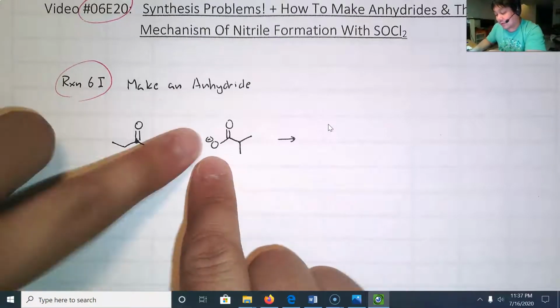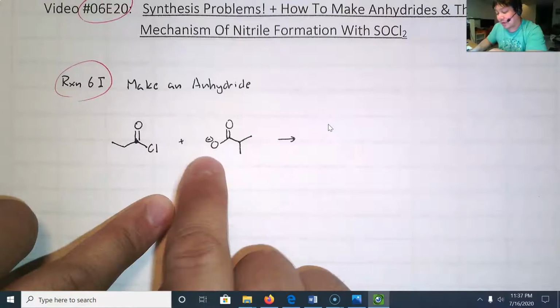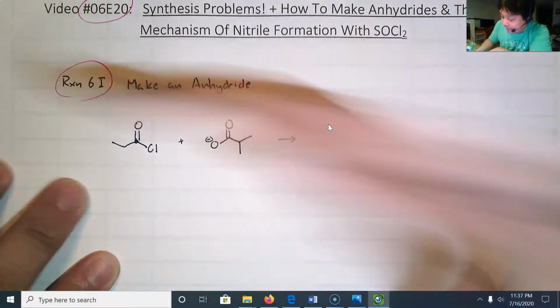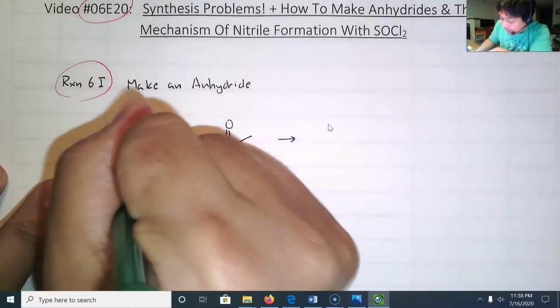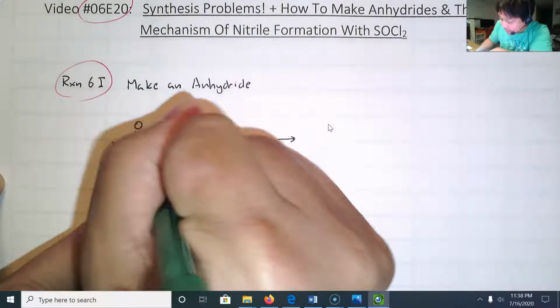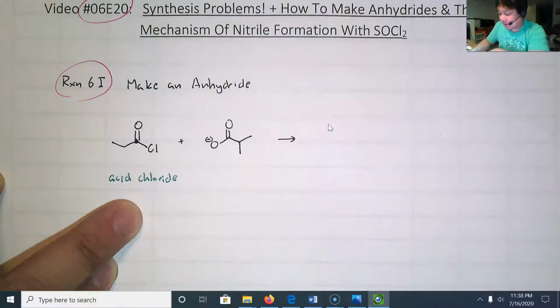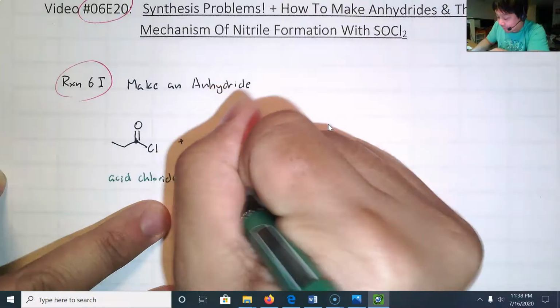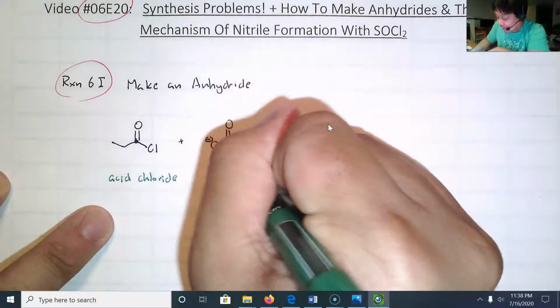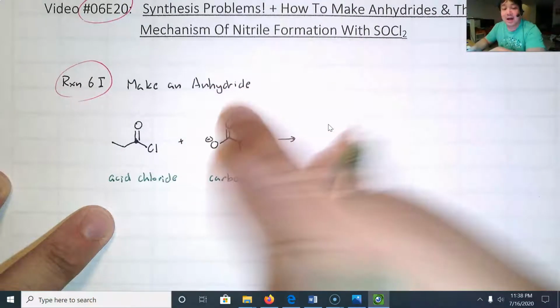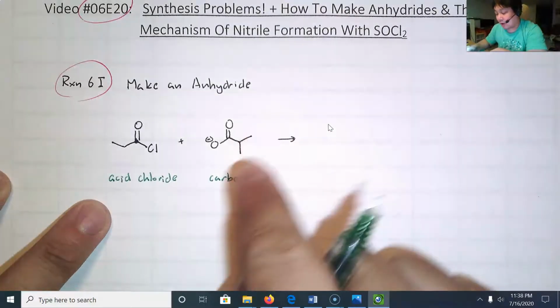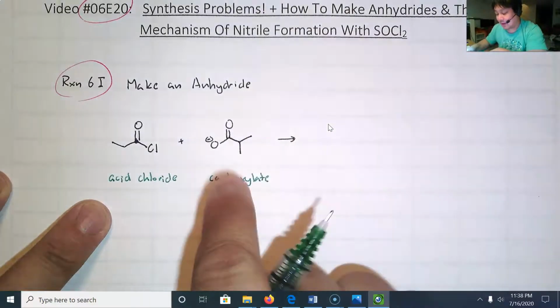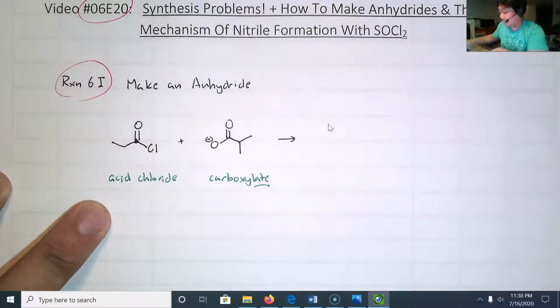We're not using the carboxylic acid to make the anhydride, we're using actually the carboxylate. Remember how I said that this will become infinitely easier if you know how to identify molecules and verbalize. Because now, to make an anhydride, you don't add the carboxylic acid, you add the carboxylate, the anion form.